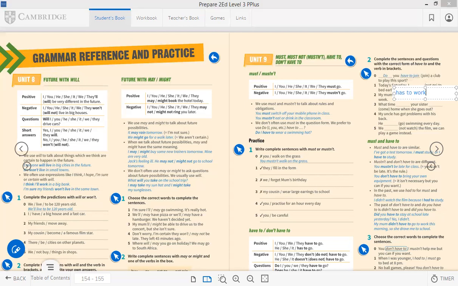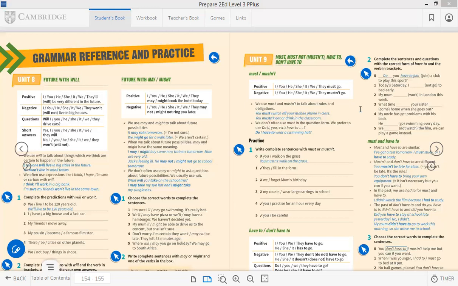Okay, ready? Great. Number 3 is a question. What time does your sister have to come home when she goes out? What time does your sister have to come?